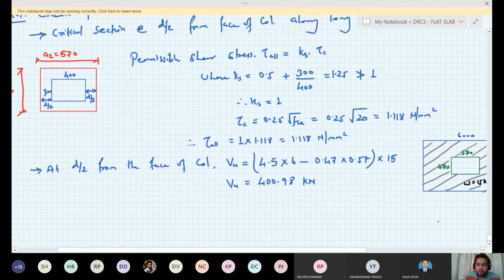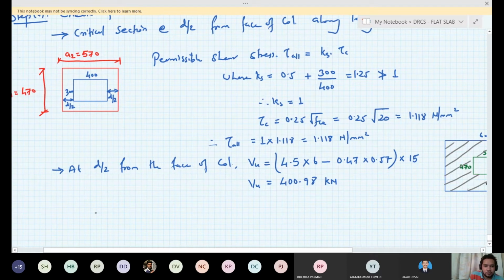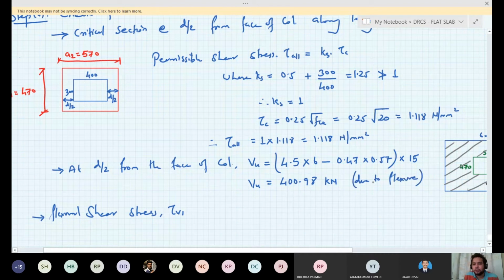Now we have to find out the stress. So the shear stress will be tau v1, because this is due to the flexural shear. Okay, this is nothing but your flexural shear, flexural shear stress. Another will be due to the unbalanced moment.